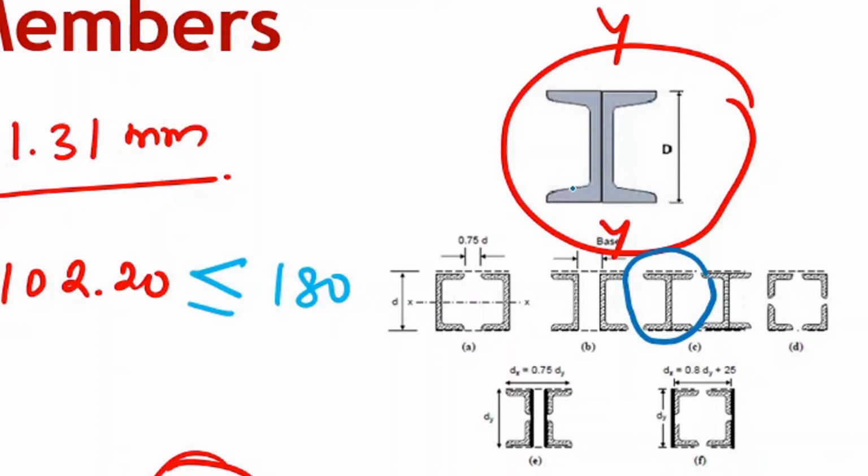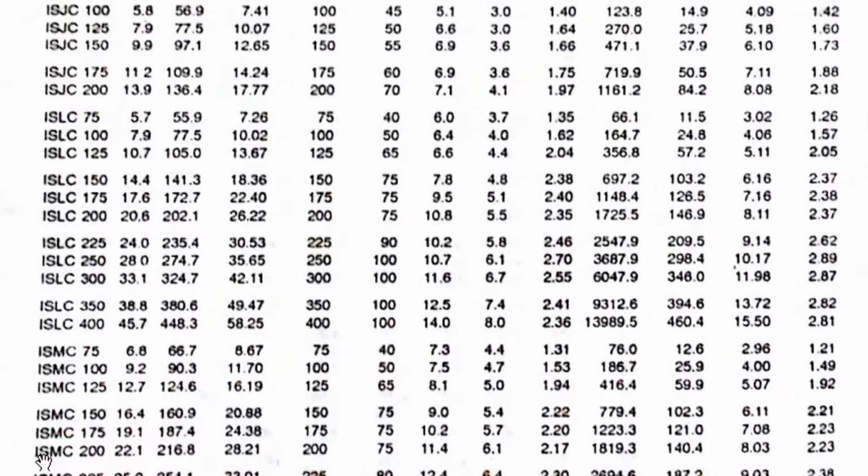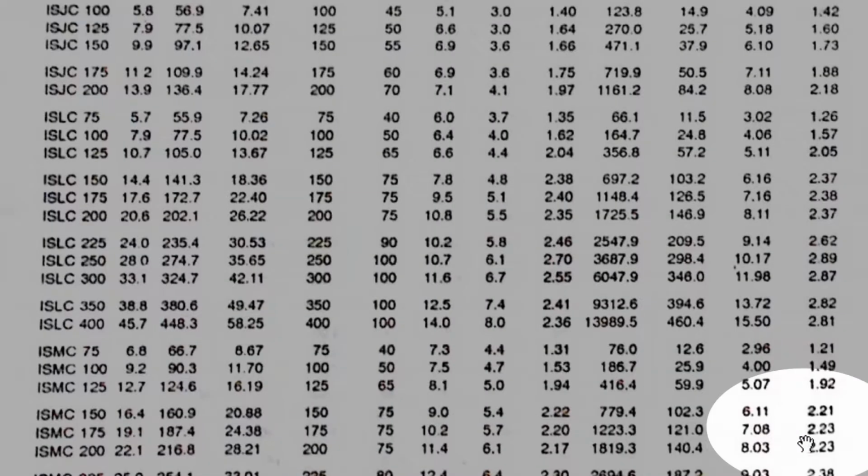If you go back to the steel table, we have chosen ISMC 175, whose least radius of gyration is 22.3. By attaching two channels back to back, we have increased the least radius of gyration from 22.3 to 31.31.